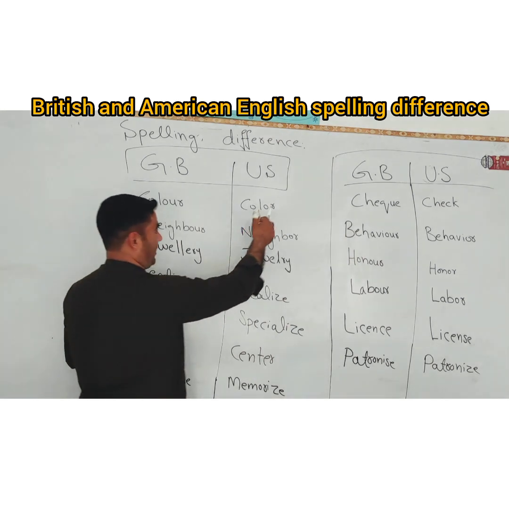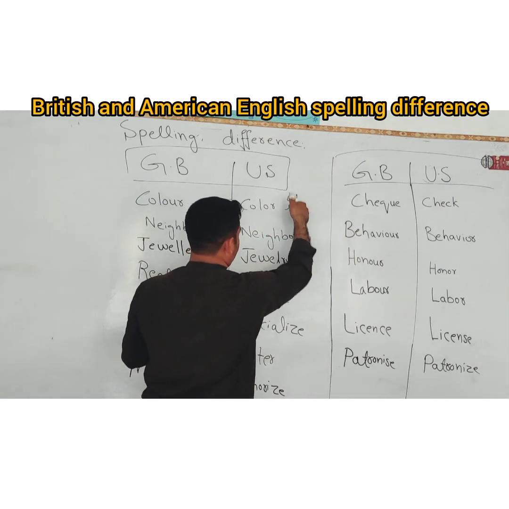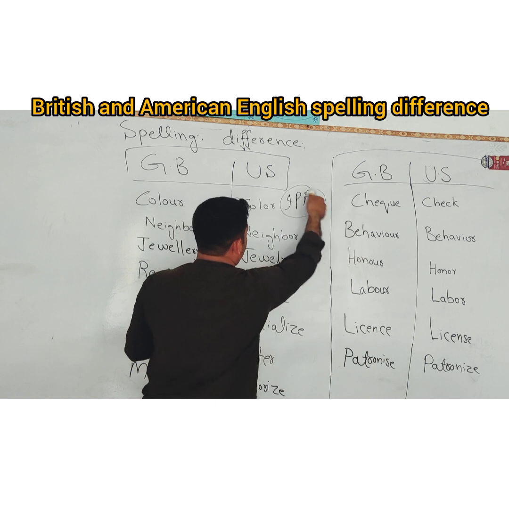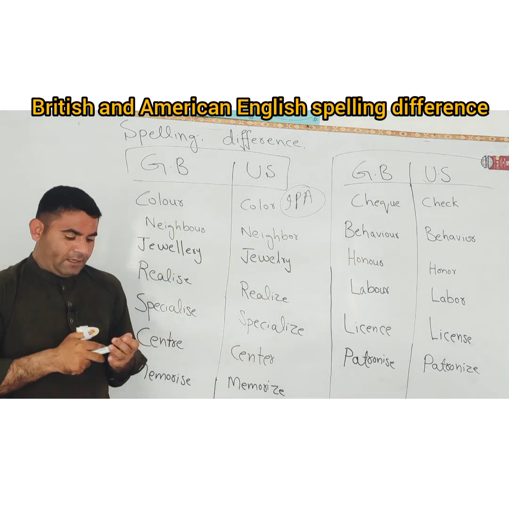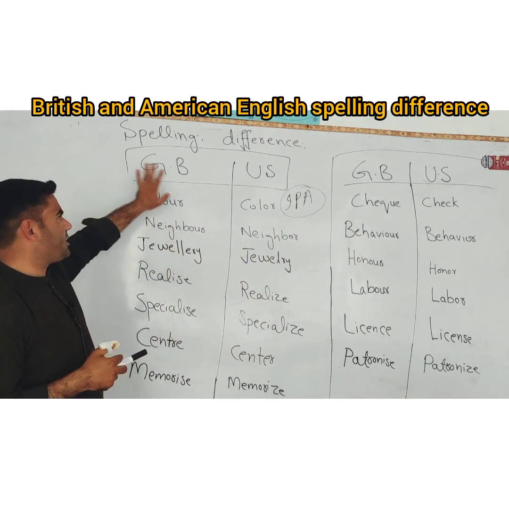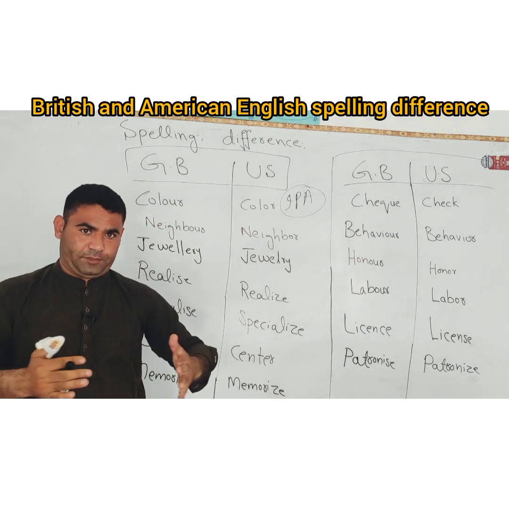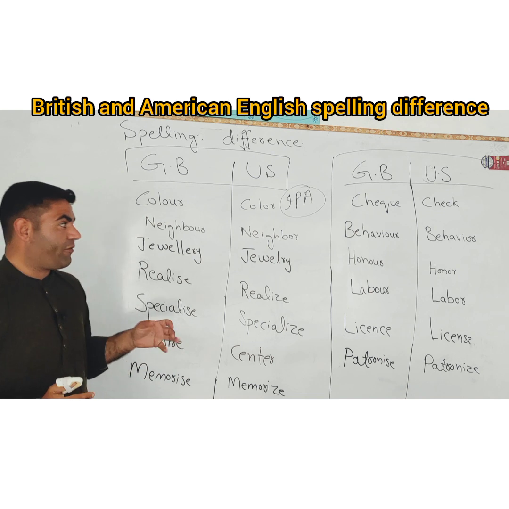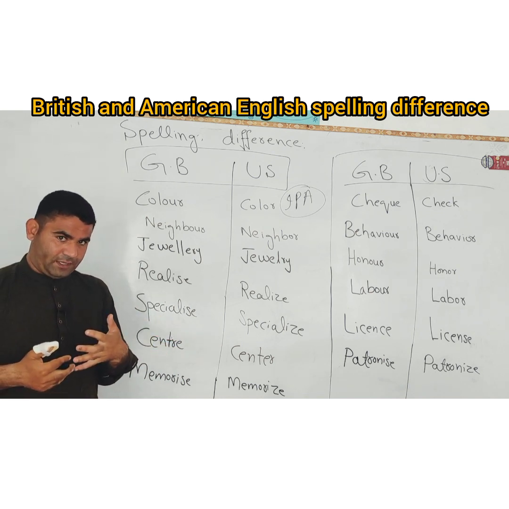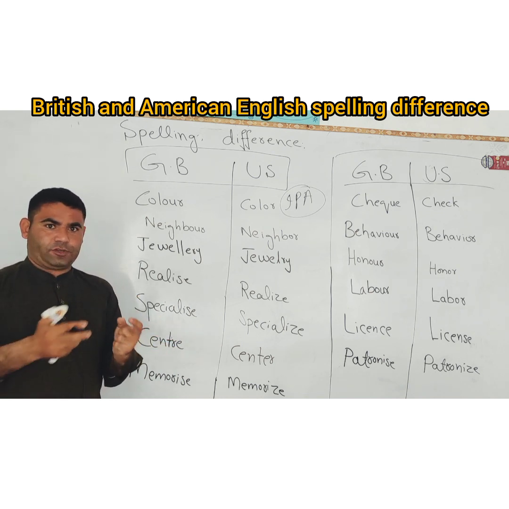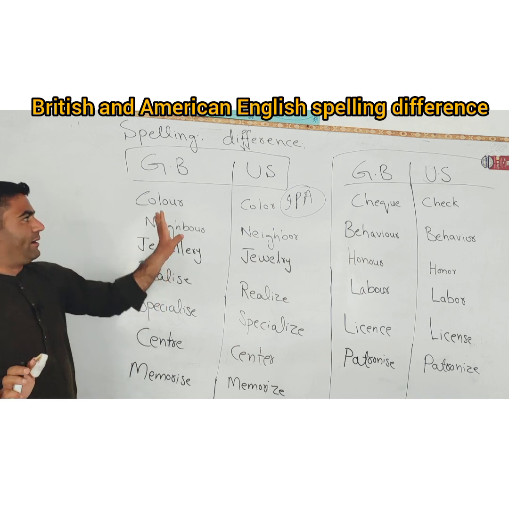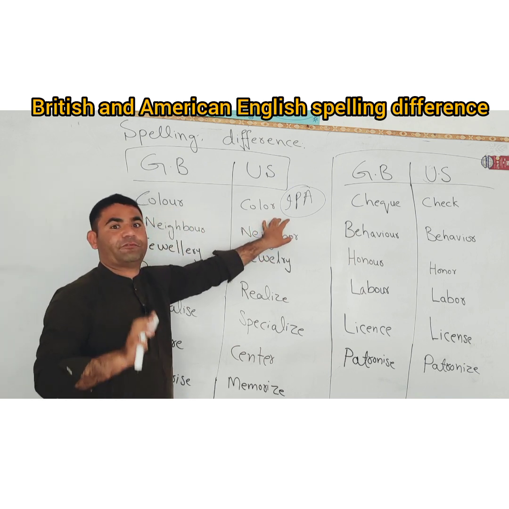They follow IPA, the International Phonetic Alphabet. So if you speak British English or American English, you will be following the phonetic symbols, or phonology. But if you speak in your local tone, your local accent, you are not following the IPA, you are not following the phonetics.